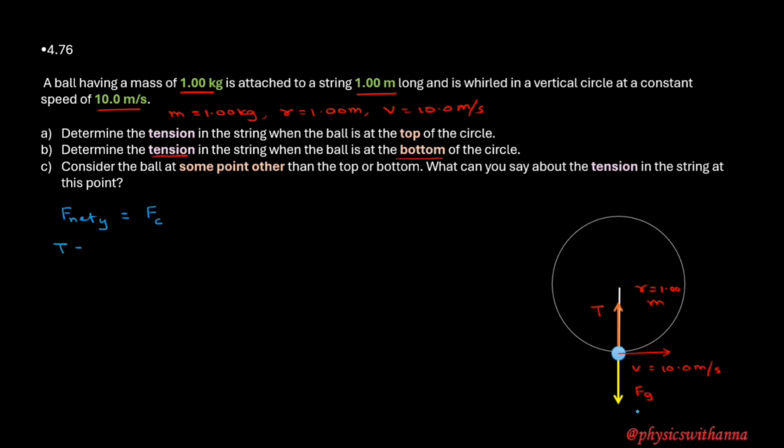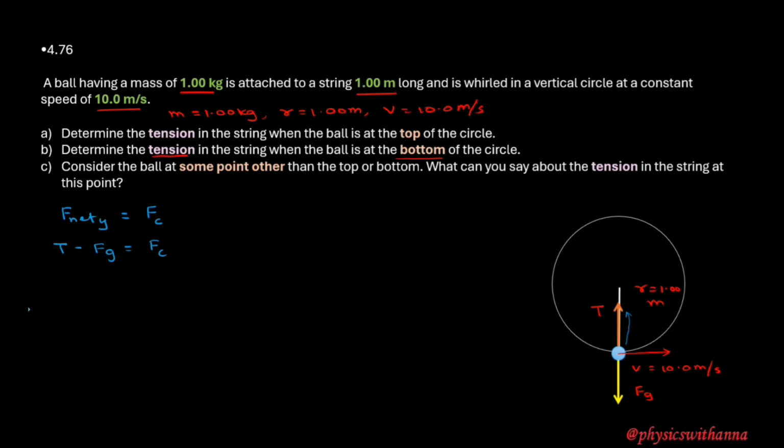Fg is pointing down, so it has to be negative, and this is equal to Fc. Fc will be positive here because centripetal force at any given position points towards the center of the circle. If I draw a vector pointing towards the center at this position, it is directed upward, which by convention is taken positive.